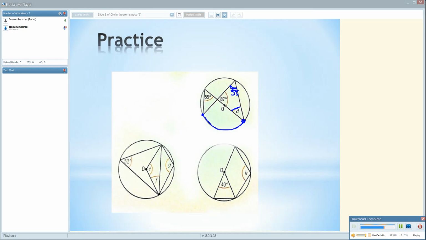Sorry, not the same chord. The chord is a line. The arc is the round thing. It's a part of the circle. Yes, so a chord is a line. Sorry for confusing you. Okay, so if this is 55 and this is 87, we have 180 minus 87 minus 55. And yeah, we take them away.